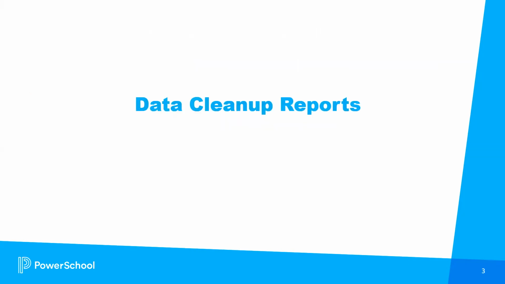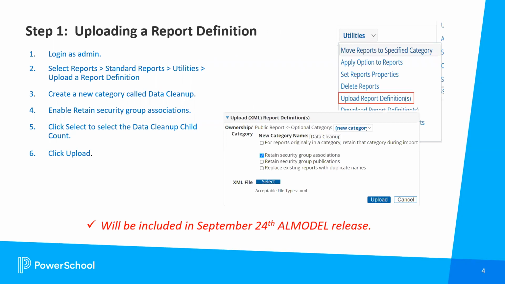As I said, to facilitate this process, we do have some data cleanup reports. The first thing that I'm going to walk you through is how you can access these reports and upload these reports into your database. Starting with this slide, we have a slide that tells you how to upload a report definition.